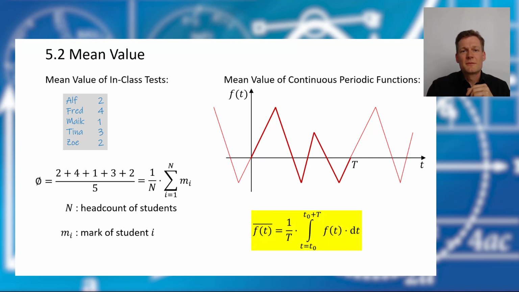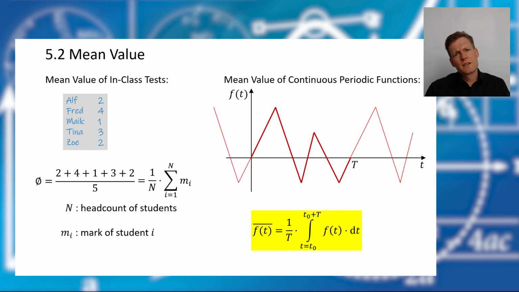And that means when we use the integral, by the way, the sign of the integral is just a big S, and it stands for sum. And what we do here is, with the integral, we sum up all the infinite points over one period, and then we divide by the period length. And that is the mean value.